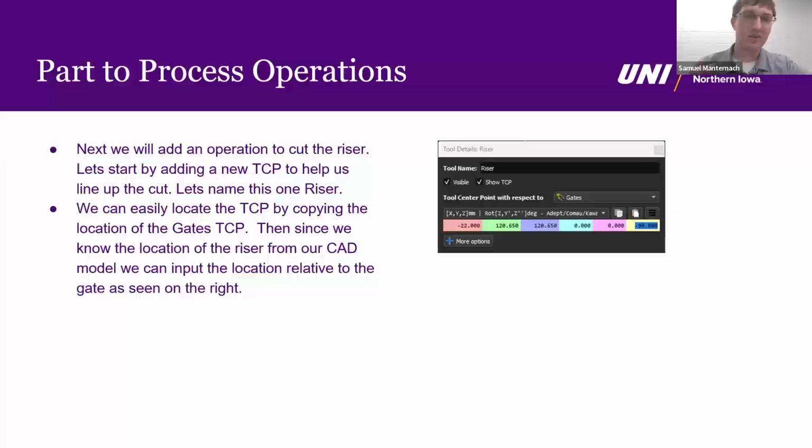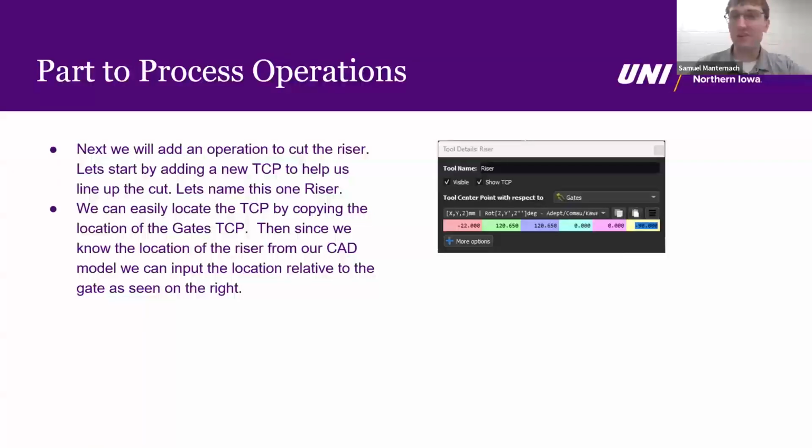So we're going to start by making a new TCP, just like we did before, either by selecting the option from the Programs tab or right-clicking on our robot and selecting Create New TCP. This new TCP, or Tool Center Point, is what we're going to be referencing when we do this riser cut. That location is something we can actually get from our 3D model of our part.